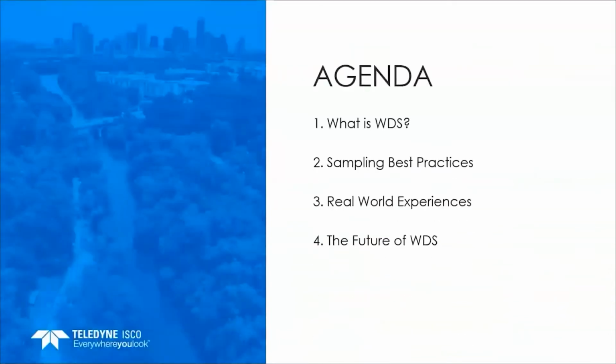Today, I will be providing a brief description of what exactly is wastewater disease surveillance, as well as a brief history. I will then be sharing the various sampling methods used for wastewater disease surveillance, as well as the current best sampling practices and the proper equipment selection for a number of different sampling locations.